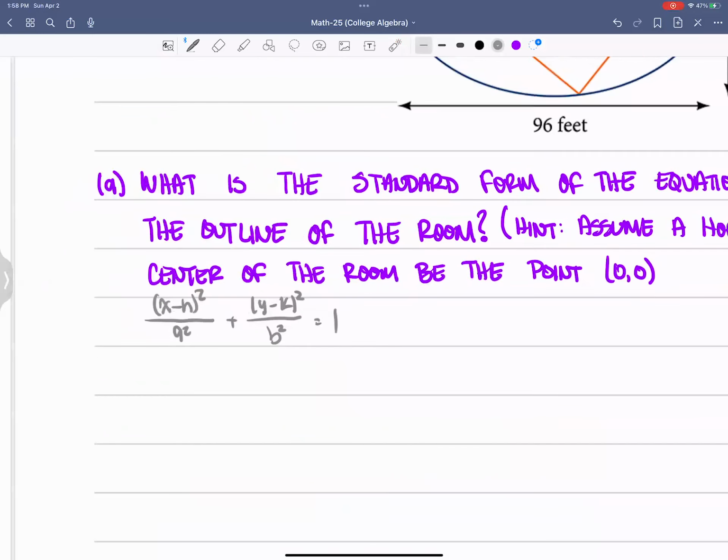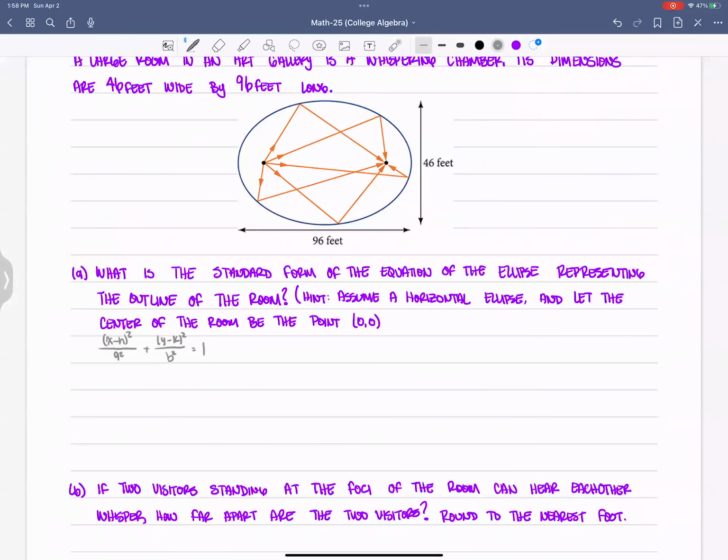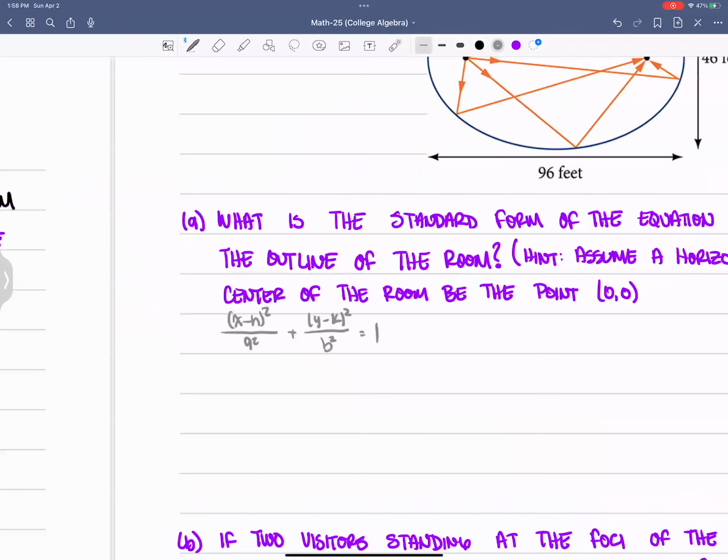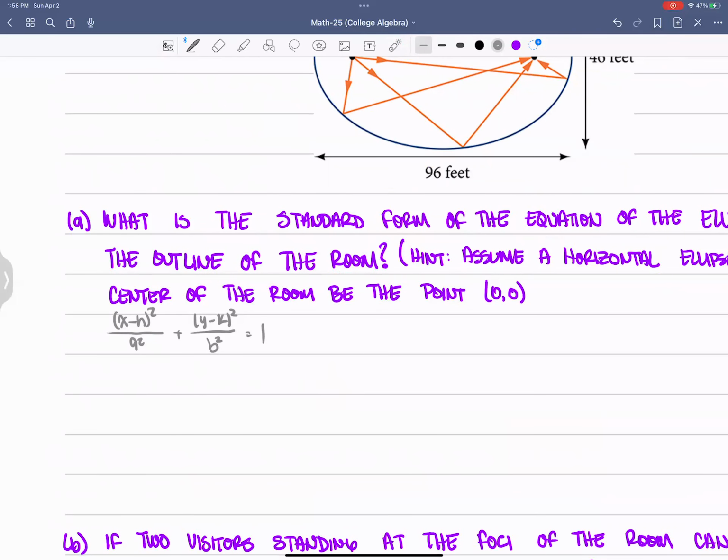All right, so if we make the center the origin of the room, then we immediately get rid of h and k. So we could start out with our x squared over a squared plus y squared over b squared.